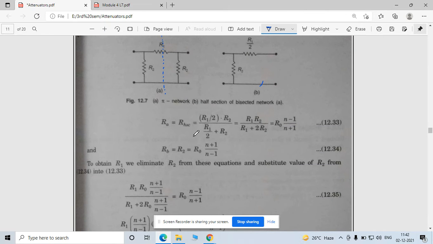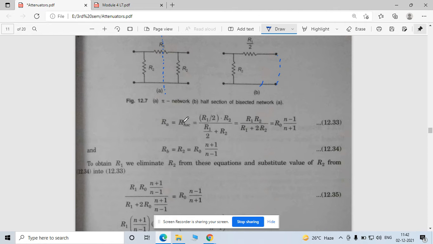Now in the same way, RA is nothing but this terminal resistance. By making a short circuit of this port terminal, you can find out this RA, which is nothing but the parallel combination of these two resistances.